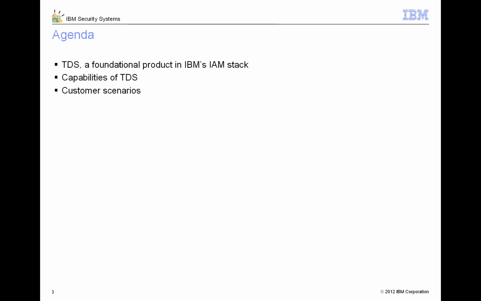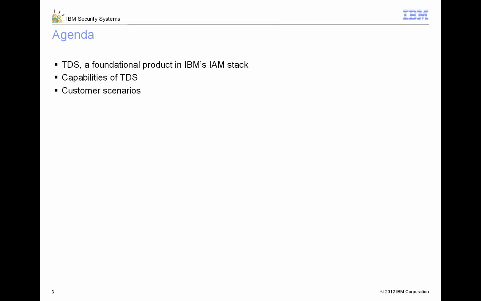So the agenda of this session: I'm going to talk about the identity and access family in general, a very brief talk on that. What are the products in the identity and access stack, and where does TDS figure?